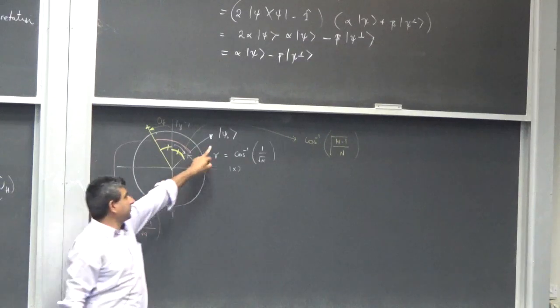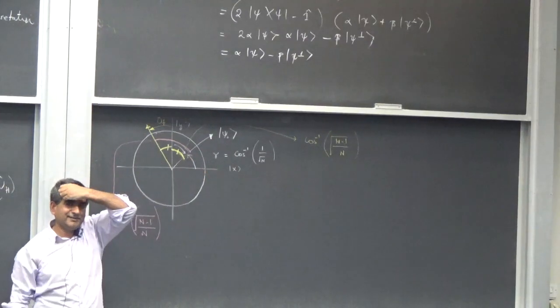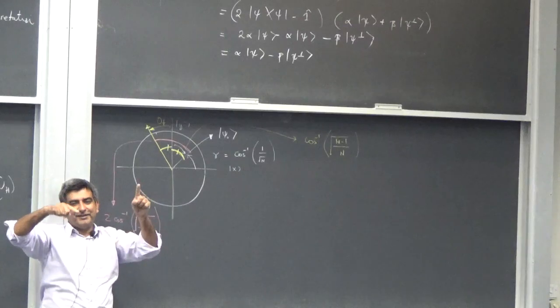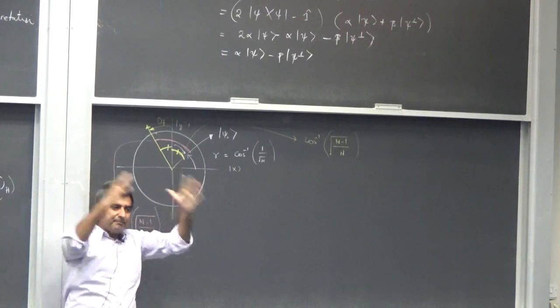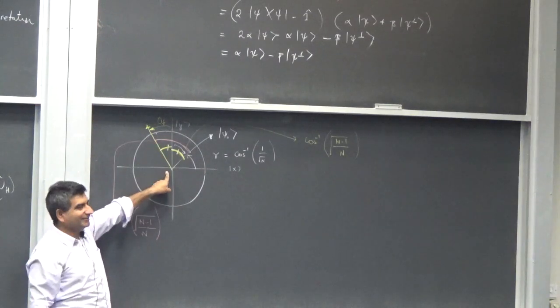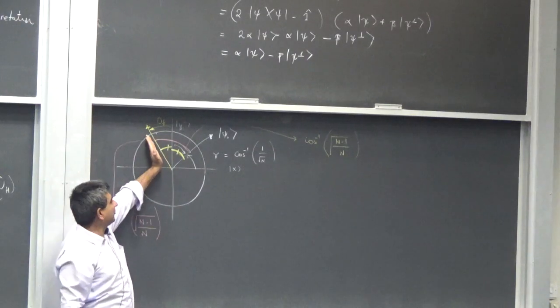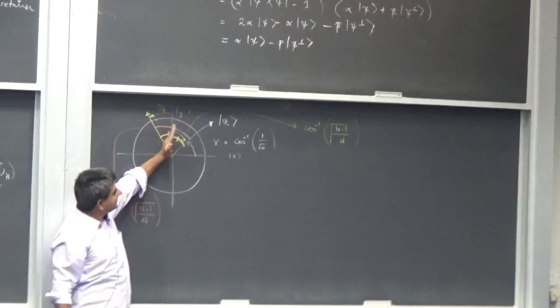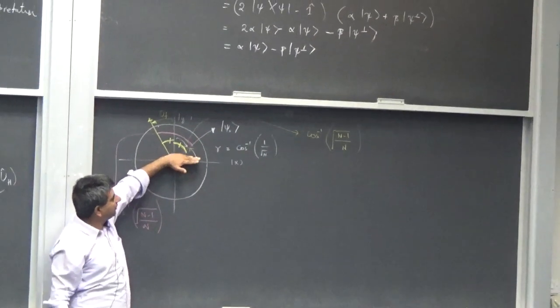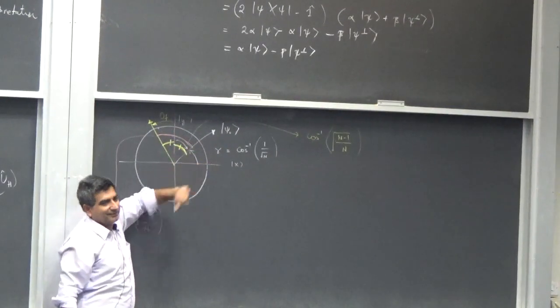Now this is an equal superposition of all the states, so this is 2|psi><psi| minus 1. So when I apply that amplification operator to this state, I'm going to rotate this vector in the direction towards this psi naught and move it by an equal amount forward.